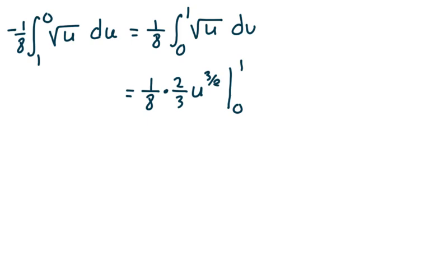The correct answer here should be 1/12, because remember, 1 to the 3/2 is just 1. That's it. That's how we do problem number 17. We just needed a u substitution there.